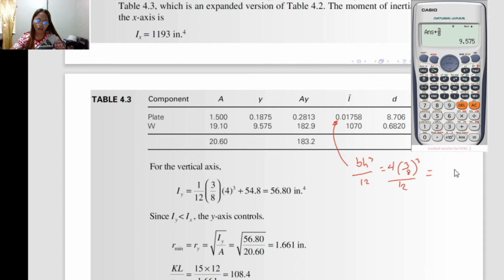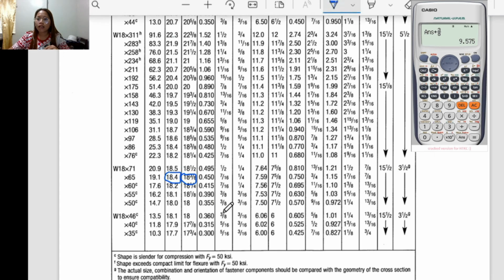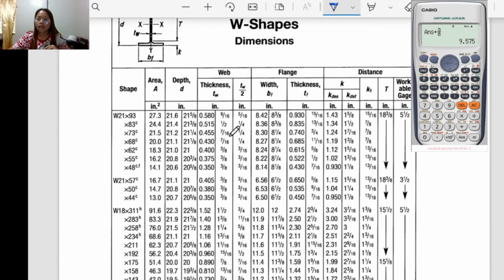Okay. The calculator was erased already because of how long it took. Divided by 12. So, you have 0. That is the answer actually. 0.015758. Then, for the wide flange, the moment of inertia for the X, no? Along X, you look here in the table.